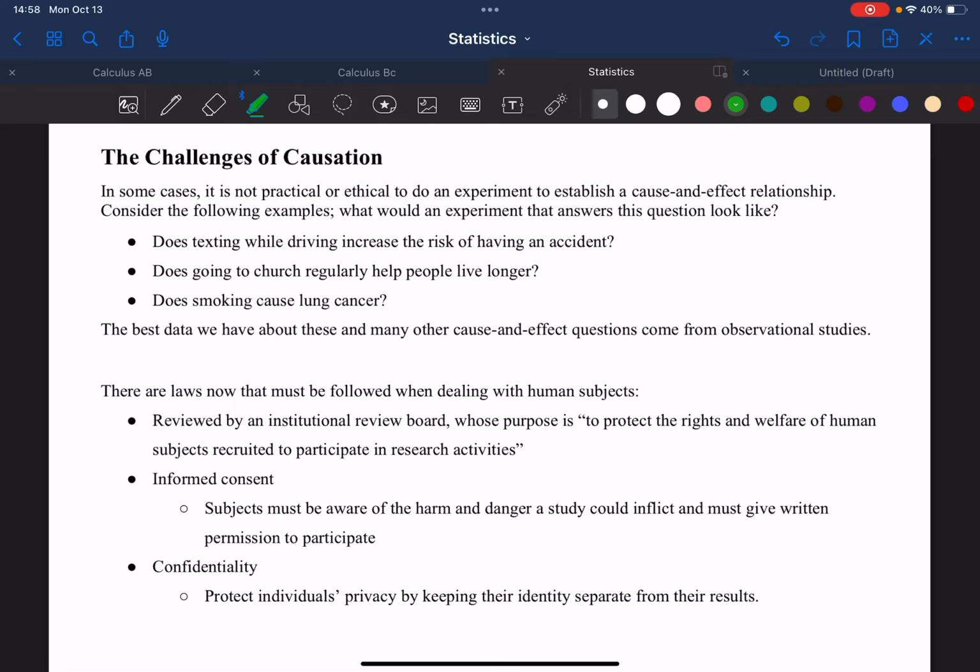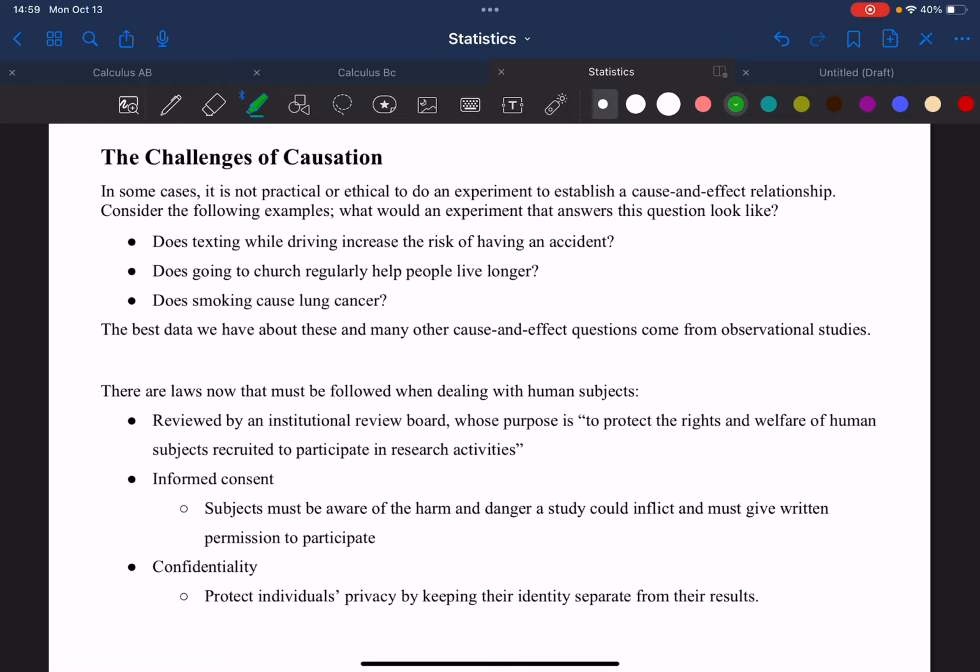Does going to church regularly help people live longer? Well, that would be unethical because we would force people to go to church versus forcing people to not go to church. Does smoking cause lung cancer? Well, this would be an unethical experiment because we cannot force people to smoke more than they already are to see if it causes lung cancer at all.